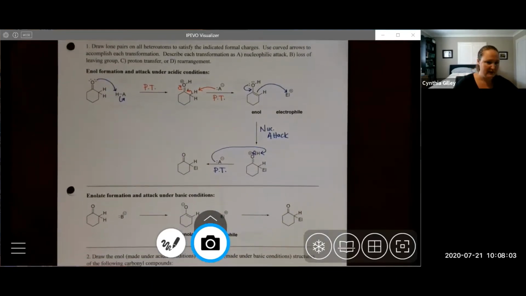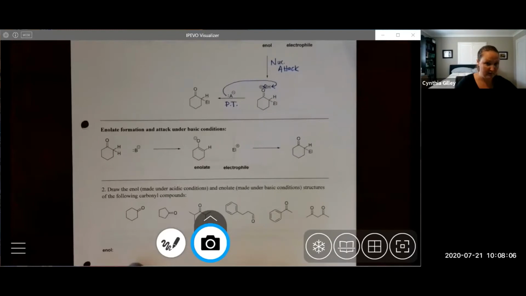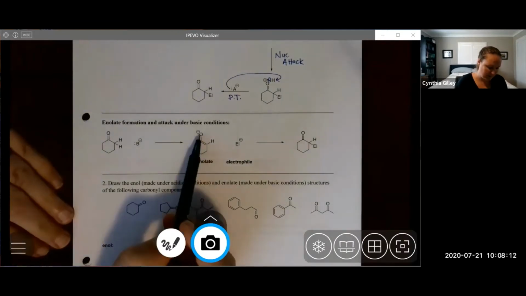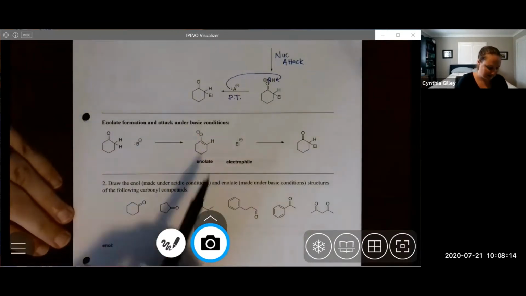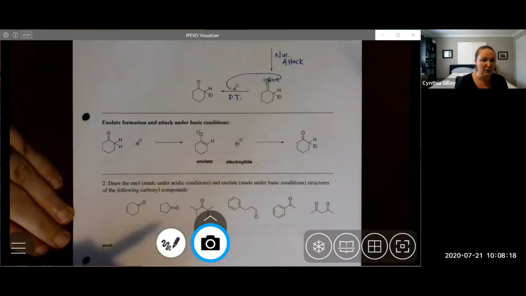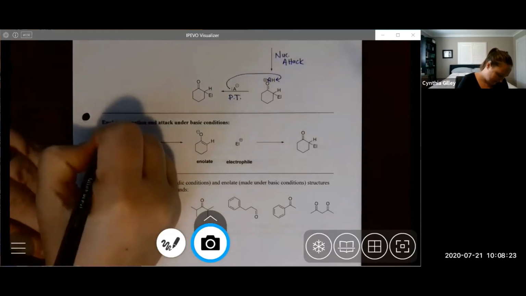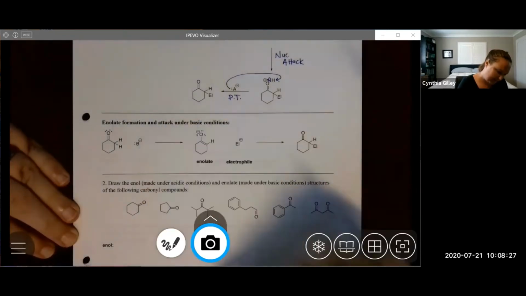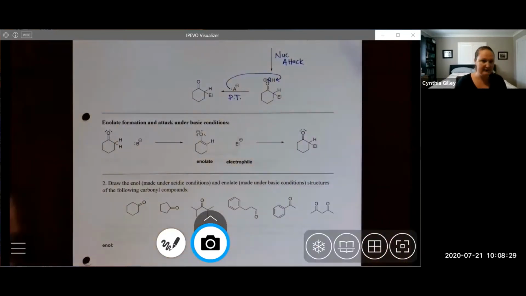Under strong base conditions, typically we form an enolate, which, because of the formal negative charge that's spread over the oxygen and the alpha carbon, is much more nucleophilic than the enol. So I can put in some lone pairs here and draw a mechanism.